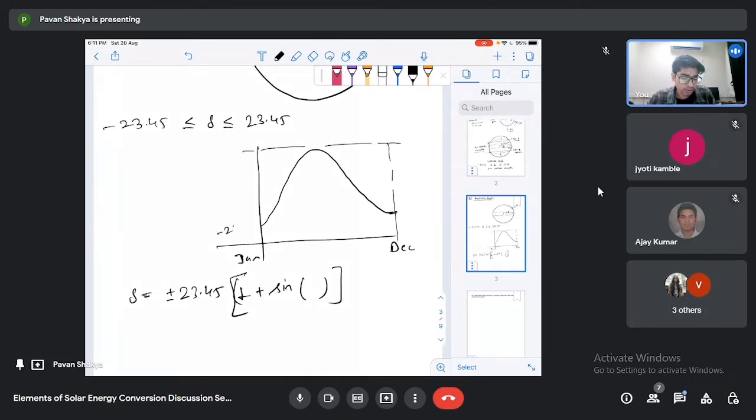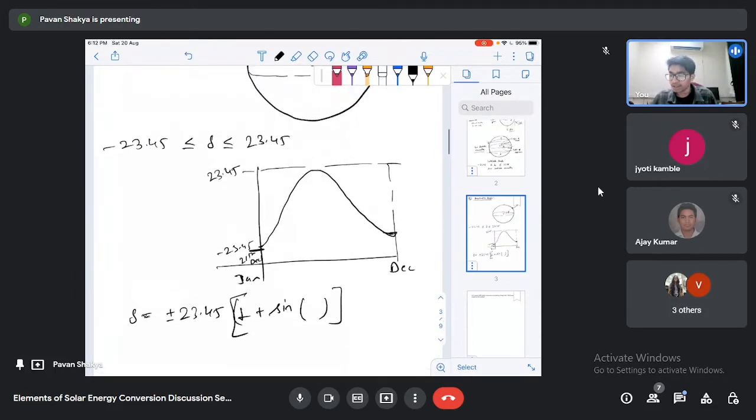This is minus 23.45. This one is 23.45. If you take this minus 23.45, then in actual the lowest point, that is minus 23.45, falls on the 21st December. So this value will be some lower, that is 23.45, if I am starting from the 1st Jan. Okay, and it will be like this.